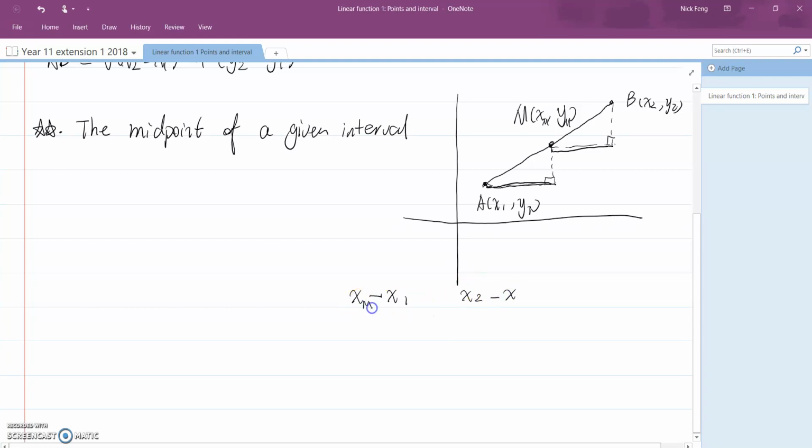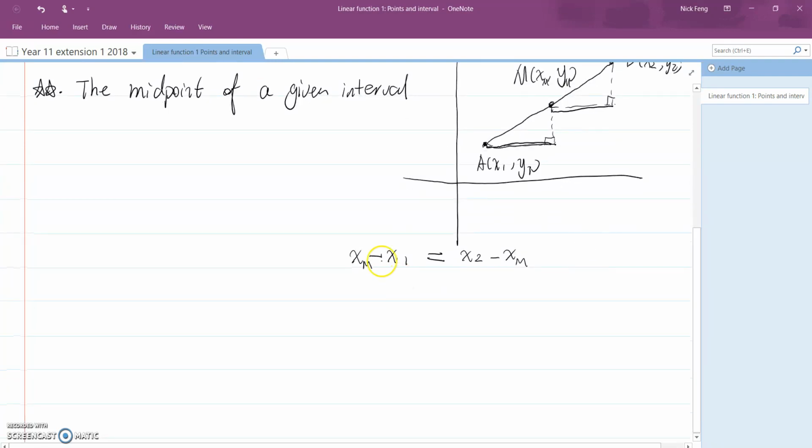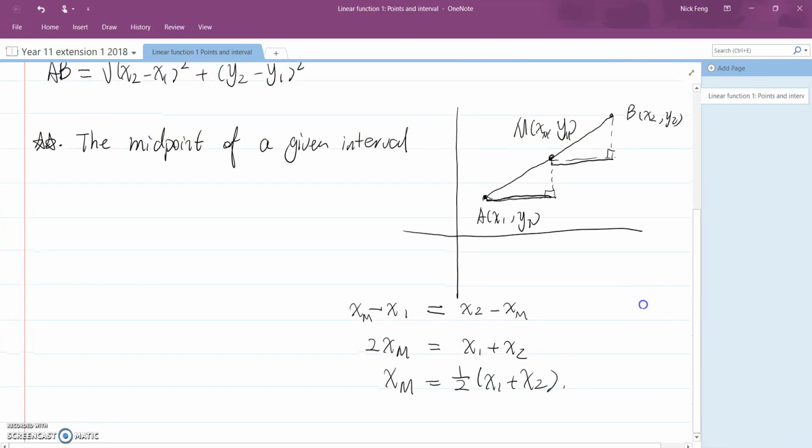Sorry, I missed the m in here. And they are equal because those two triangles are congruent. Now, if we make xm the subject, 2xm equals to x1 plus x2, and therefore xm is half of x1 plus x2. The y coordinates of the midpoint could be derived in exactly the same way, using y1 and y2.